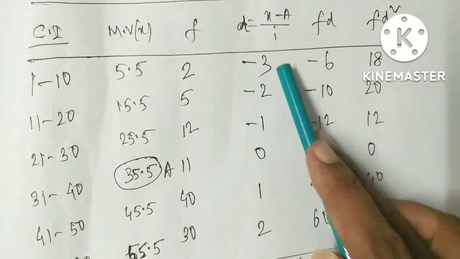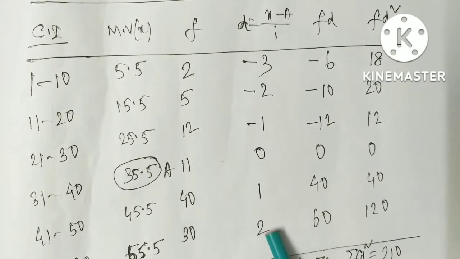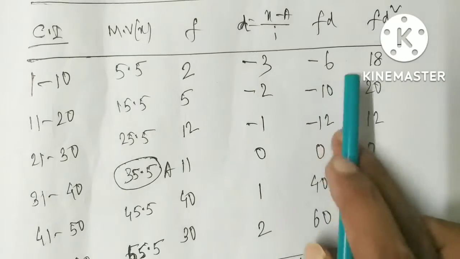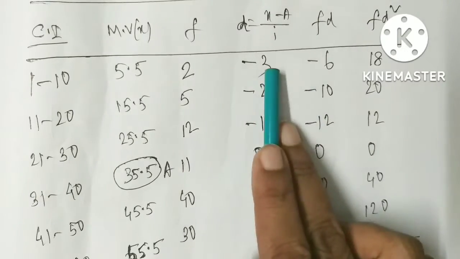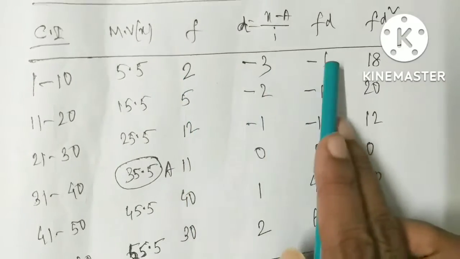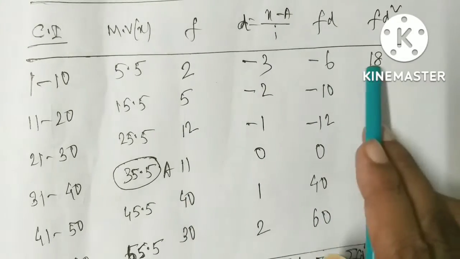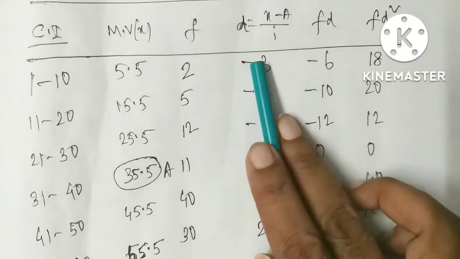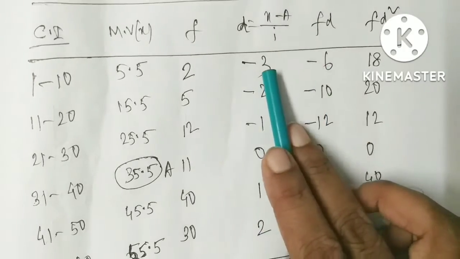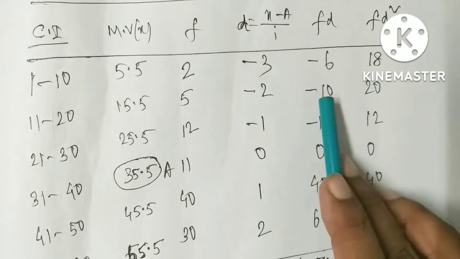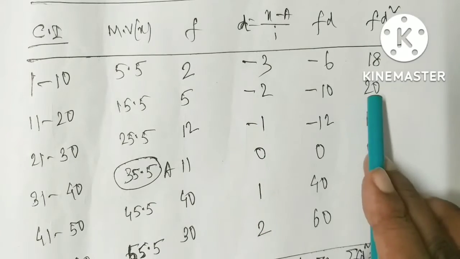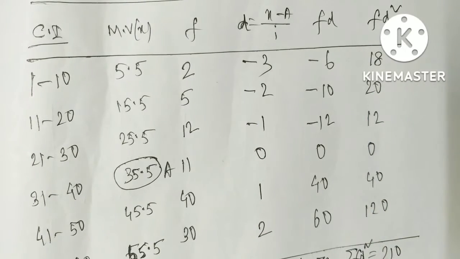In this way: minus 3, minus 2, minus 1, 0, 1, 2. And fd is f into d, that is 2 into minus 3 is minus 6, 5 into minus 2 is minus 10, and in this way we calculate this. Fd square is fd into d: minus 6 into minus 3 is 18, minus 10 into minus 2 is 20, and in this way we get this.